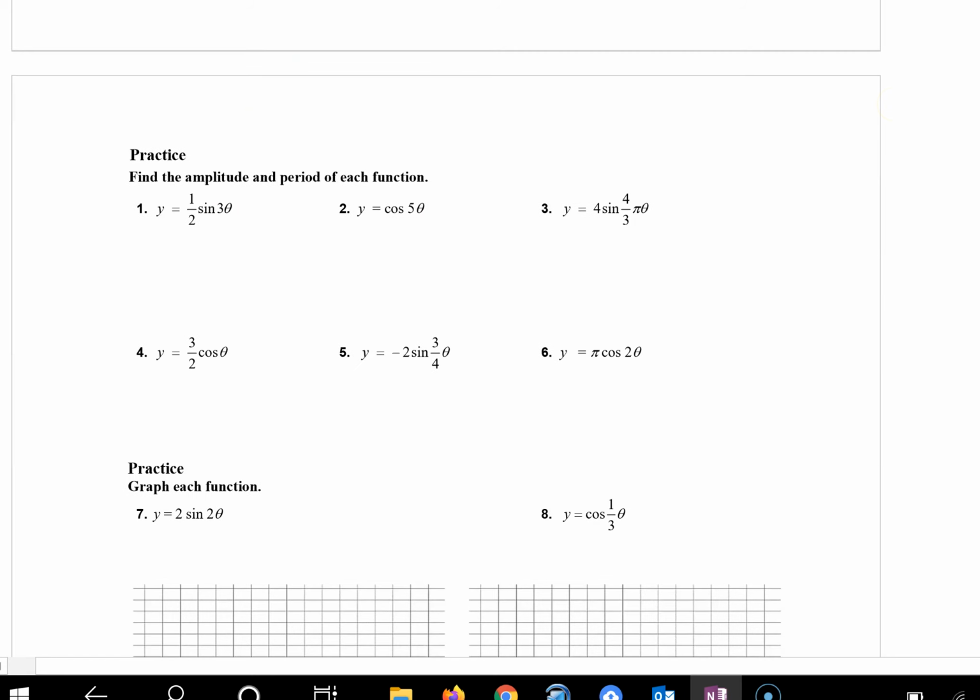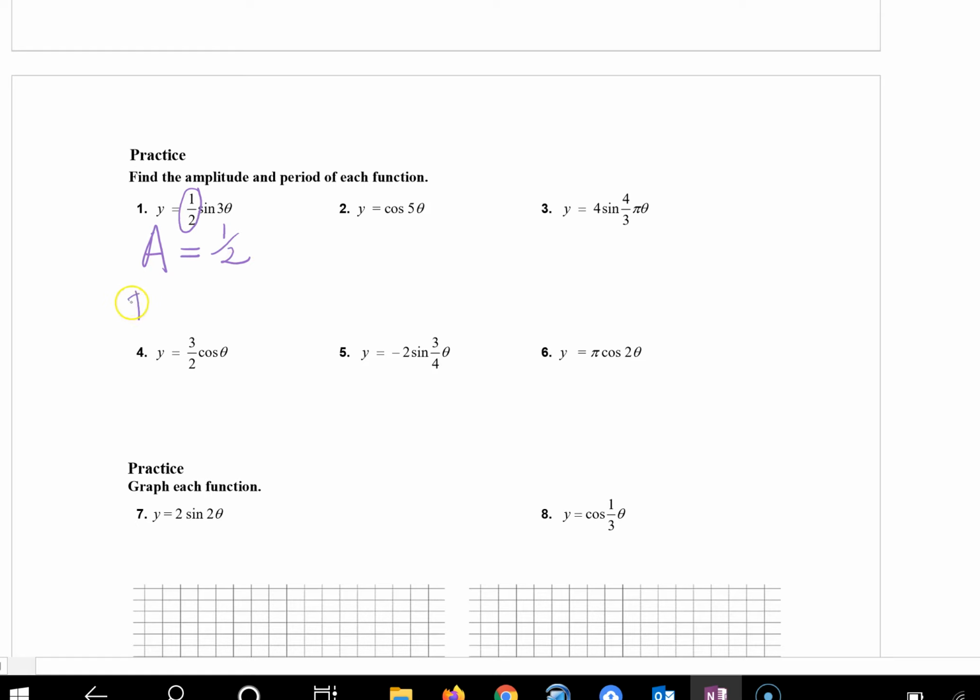On the next page, I'm only going to do a couple of these first few examples. All it's asking you for is to read the equation and come up with the amplitude and the period. For number 1, your amplitude, you would look right here at this number, and your amplitude would be 1/2.